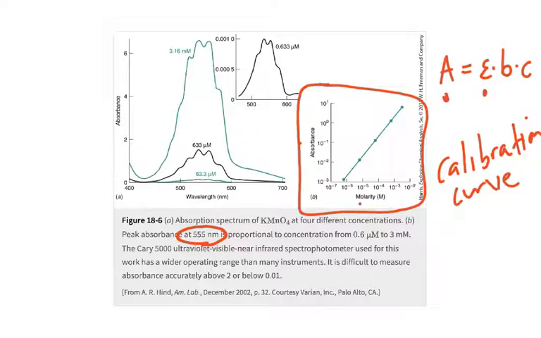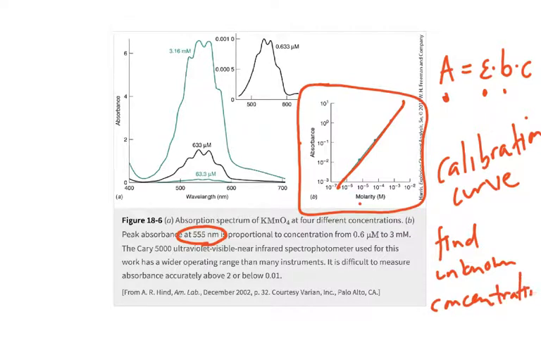Epsilon would be known from the standard curve. We know the path length, and thus we can find unknown concentrations quite straightforwardly.